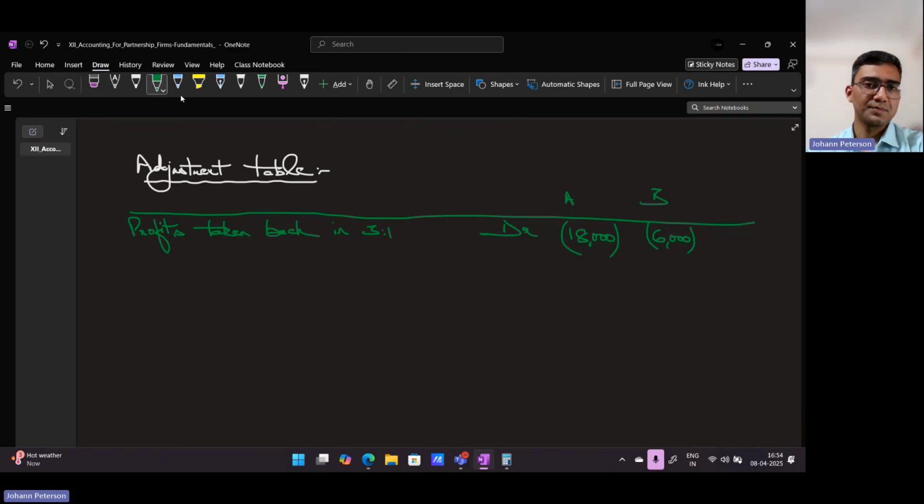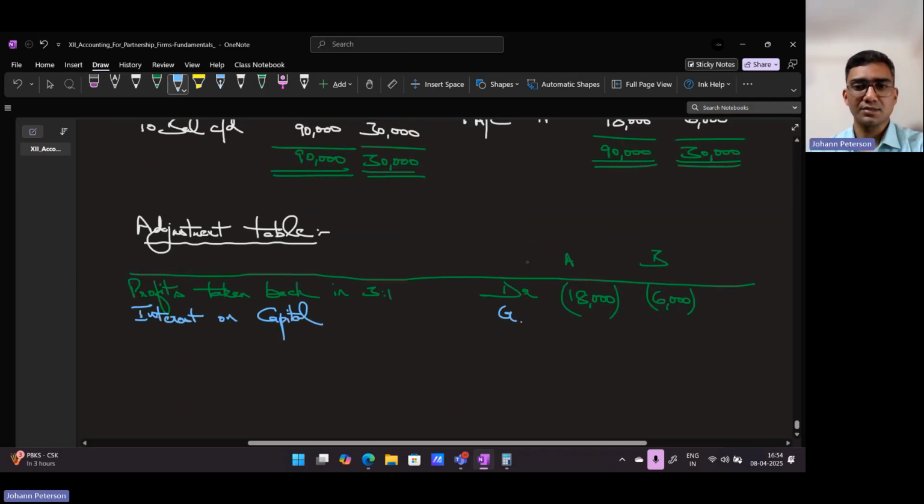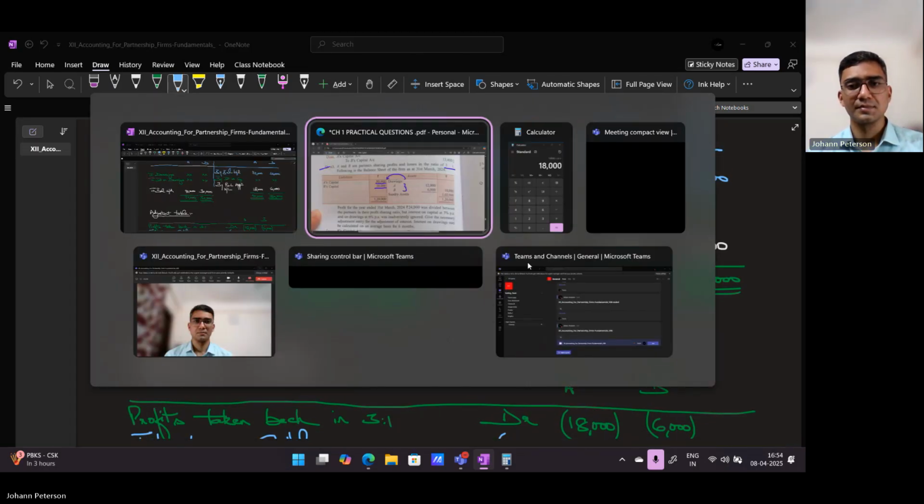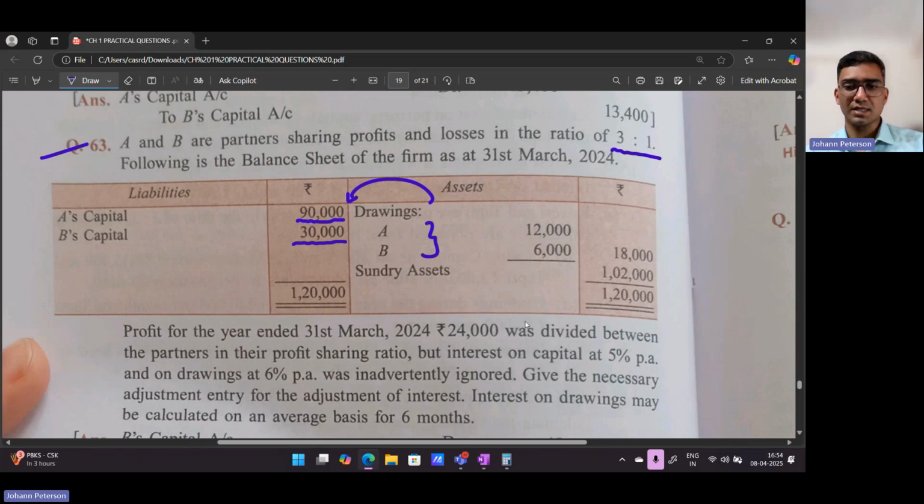After that, I'm giving interest on capital, which is to be a credit item. How much is the interest on capital which I have to give? I have to give it on 72,000 and 24,000. So on 72,000, I give it at 5% per annum.